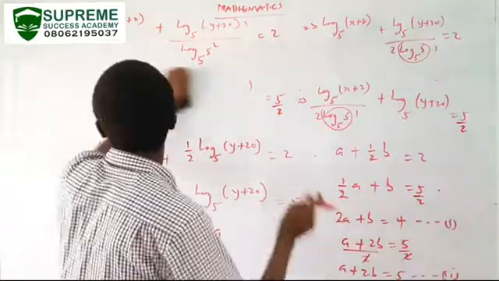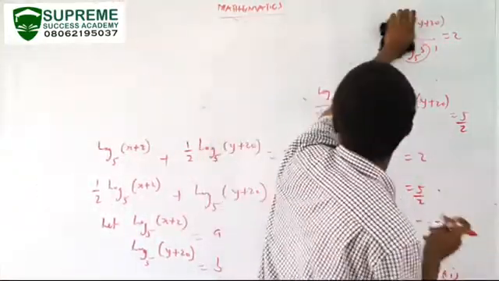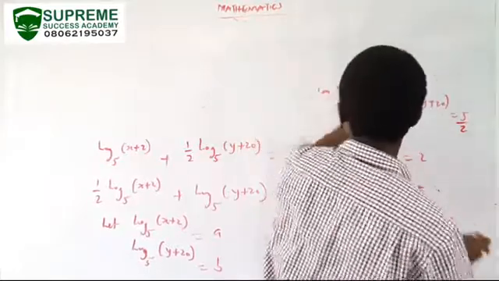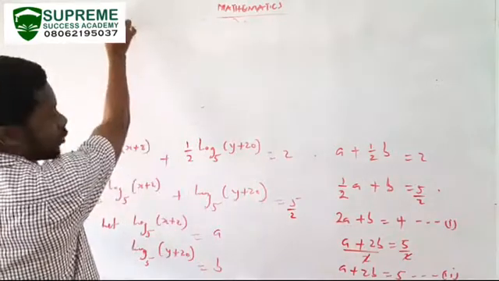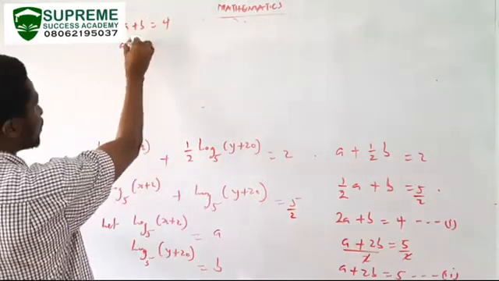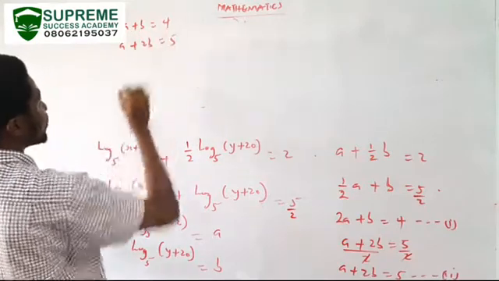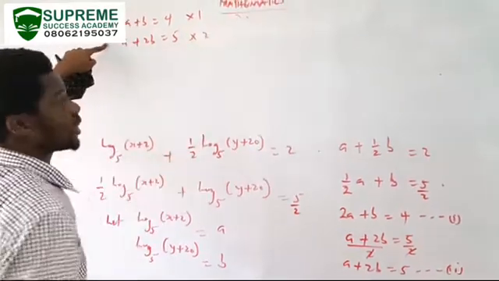So we can now bring the two simultaneous equations to solve. Using any method you prefer, it must give you the same solution to the problem. So let's combine them: 2A plus B equals 4, A plus 2B equals 5. Let me multiply this one by 1 and this one by 2. That's the elimination method.